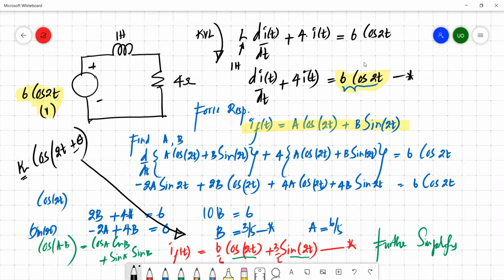See that? You have a cos 2t type of source, but due to this inductance, your response would be cos 2t plus or minus theta. You basically apply a source in the form of cos 2t. Due to this inductor, or if you have a capacitor also, you can observe a similar impact.